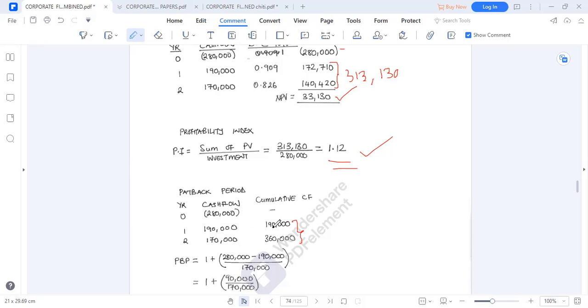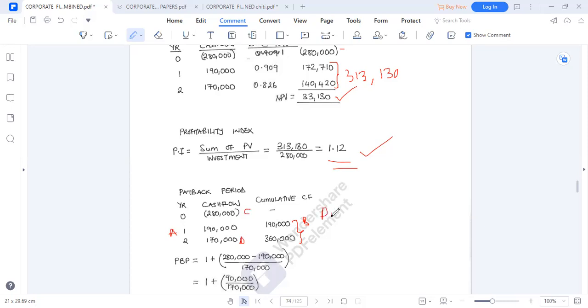So the 280 falls between these two amounts. So this is called our A. This is called our B. Called our C. It's called our D.